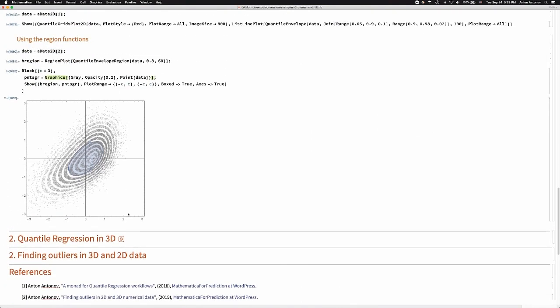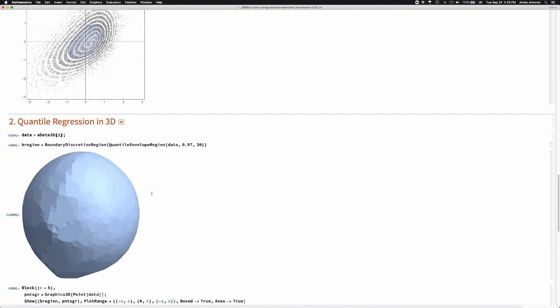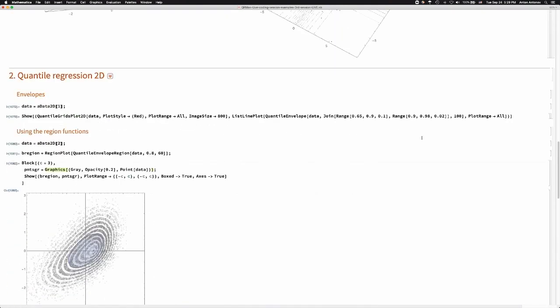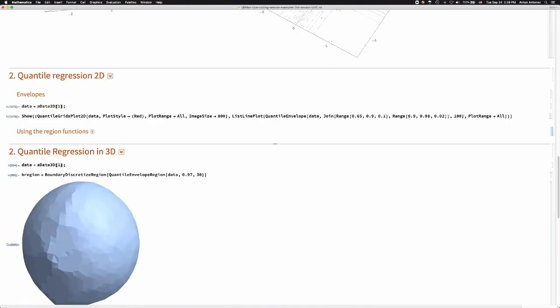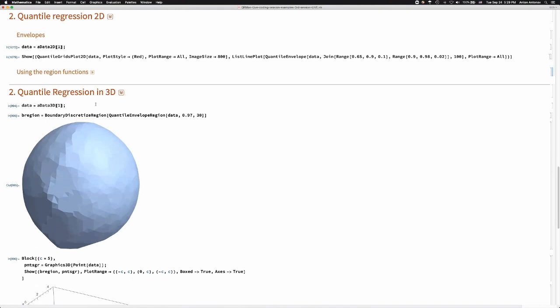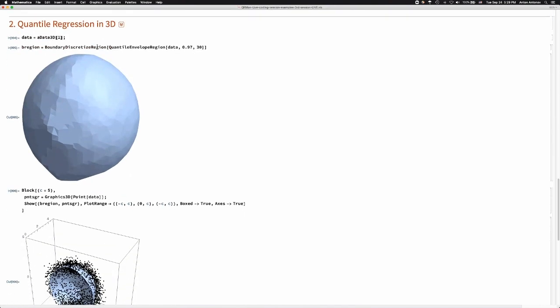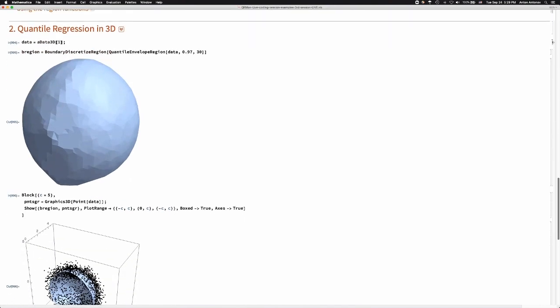When I initially implemented the two-dimensional envelopes, the region functions didn't exist, but for the three-dimensional implementation, they were already in place. So it was relatively easy for me to implement three-dimensional quantile regression.